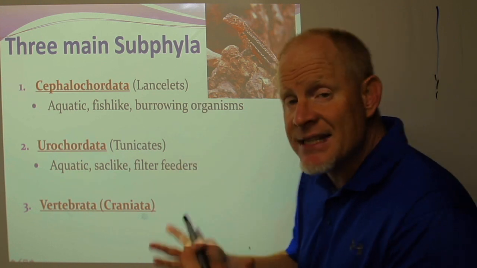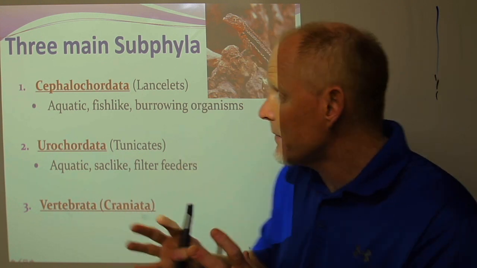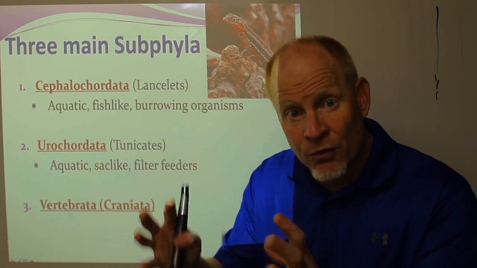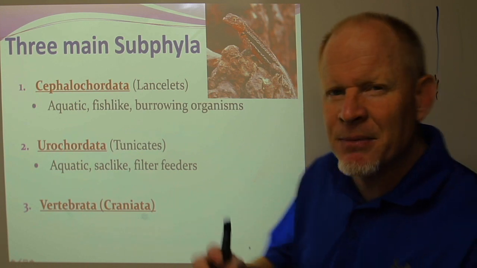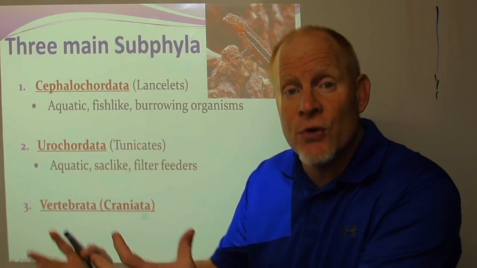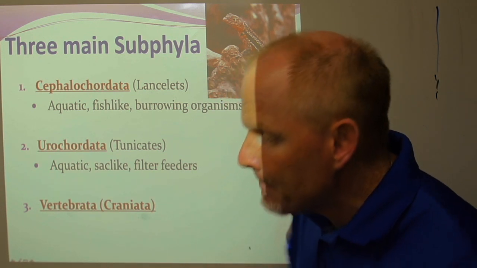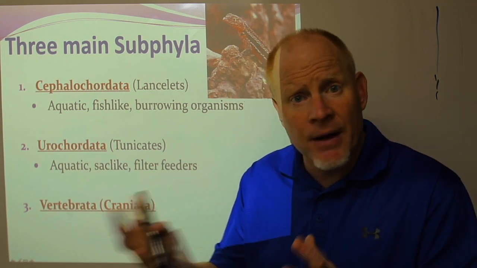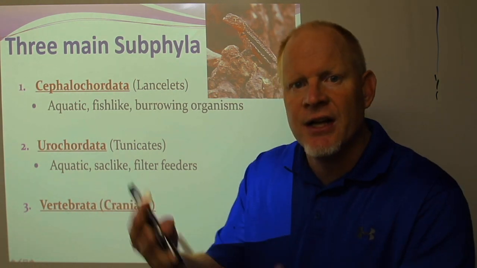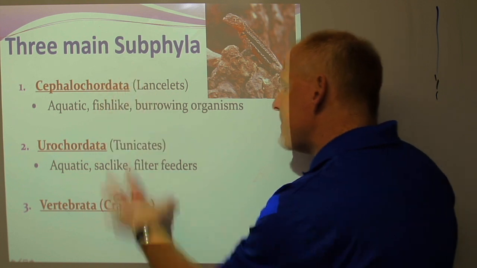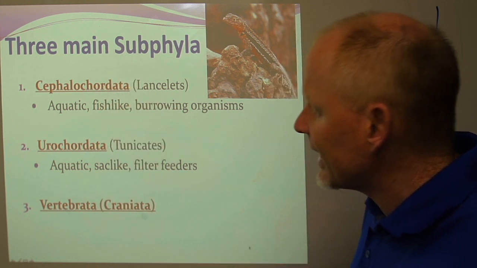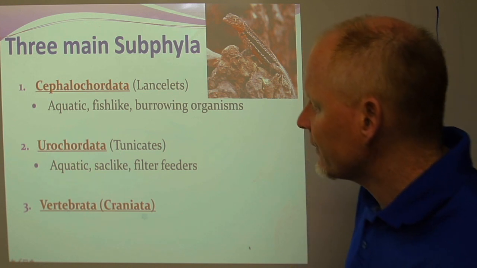But the more recent data, there's a really nice paper out there from the Proceedings of the National Academy of Science that was published in late 2019, so really, really recent, that combines molecular data with morphological data and includes a number of new fossils. And so they have this new kind of rendition of how we should group the organisms. And it's come back to this old school grouping, which is cephalochordata, urochordata, and vertebrata. All right, so those are kind of our 3 groups.